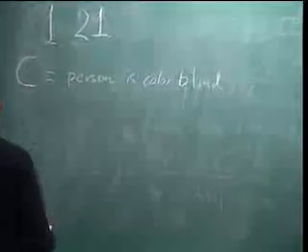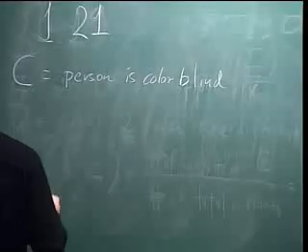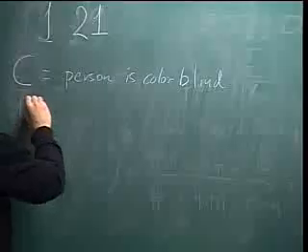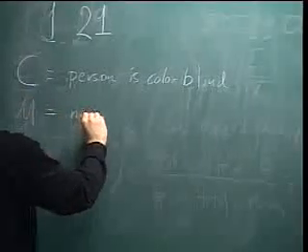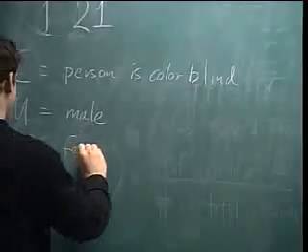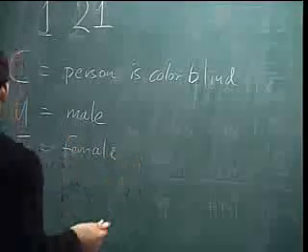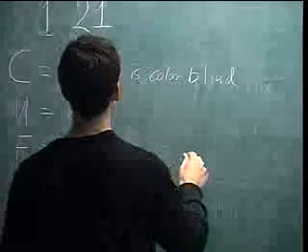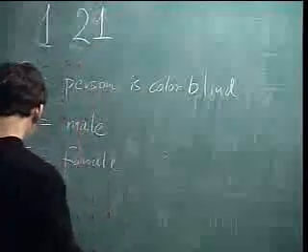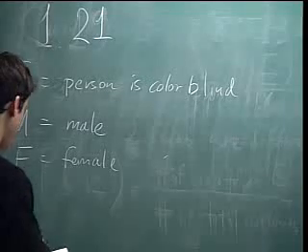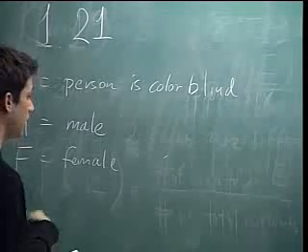And let's say that M is the event that a person is male. So M is male, F is female. And, well, we're told that 5% of men and 0.25% of women are colorblind.